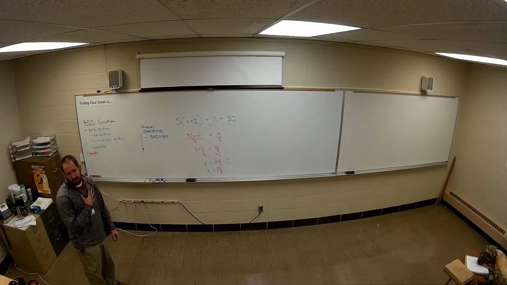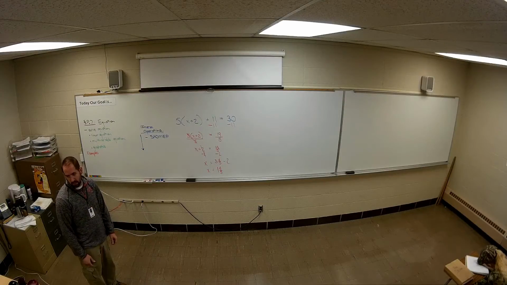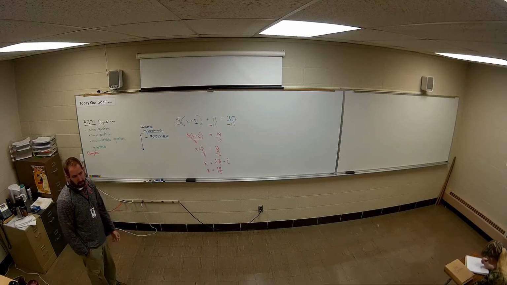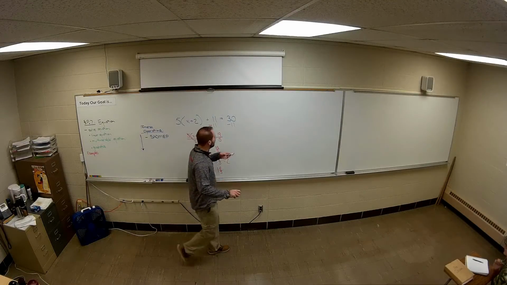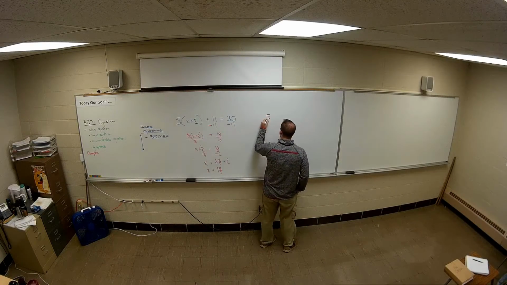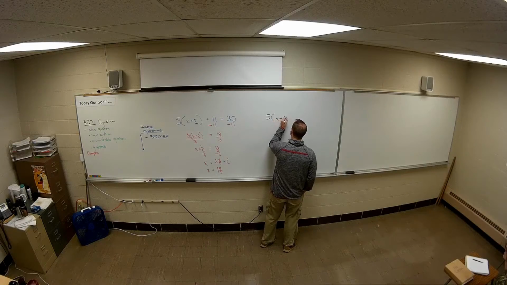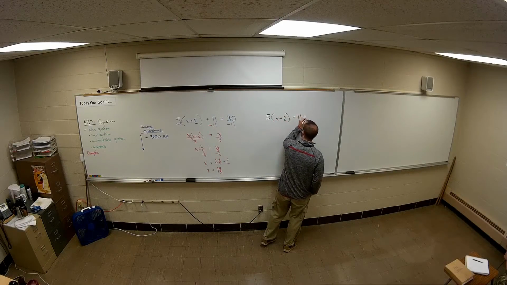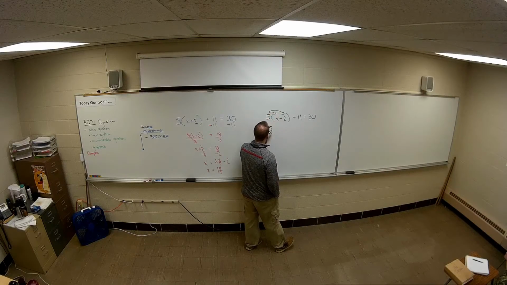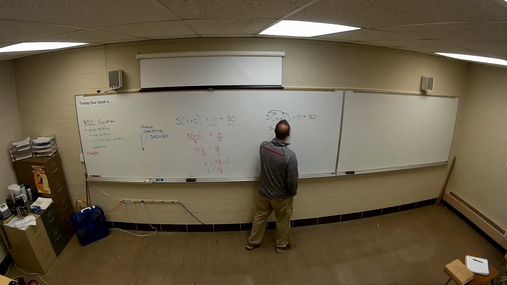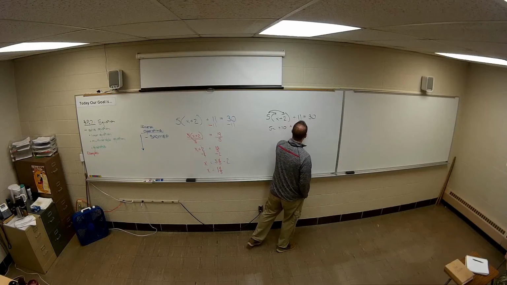Me personally, I would have attempted this problem way differently than this. When I look at that problem, that's not what I would have attempted to do. This is just a personal choice, it's up to you. This is how I would have done it. I would have distributed the 5 first. So 5x plus 10 plus 11 equals 30.